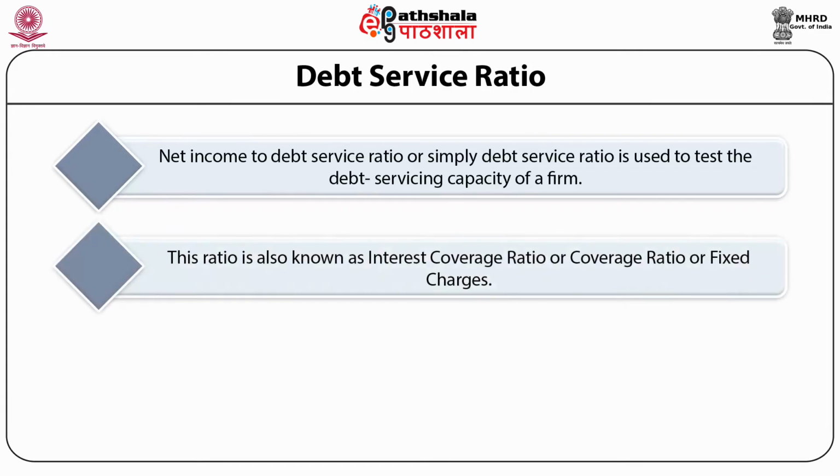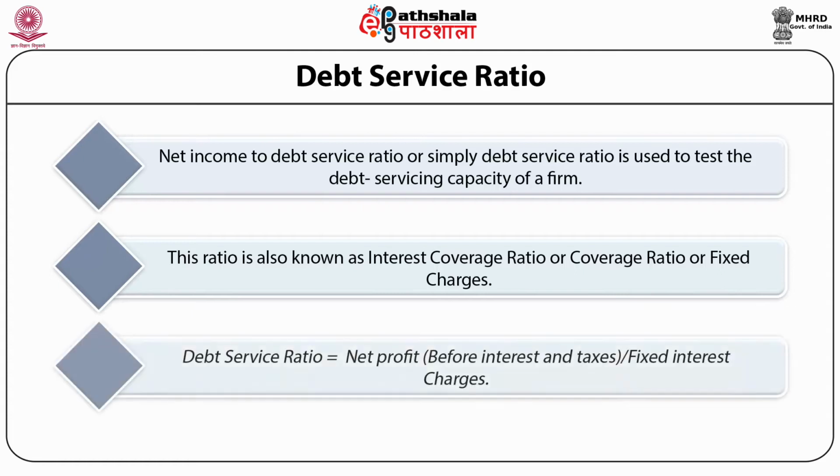This ratio is also known as interest coverage ratio or coverage of fixed charges. Debt service ratio is calculated by using the formula: net profit, that is before interest and taxes, divided by fixed interest charges.